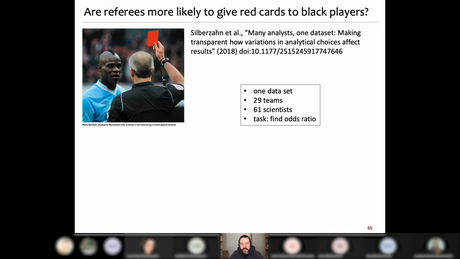The data contained a lot of information about footballers in a few European leagues in years 2012 and 13: their country, club, age, height, body weight, skin color, and many other variables which might or might not be relevant to the study. The researchers were asked to give the odds ratio, its confidence interval, and the p-value to say whether the effect is statistically significant or not.